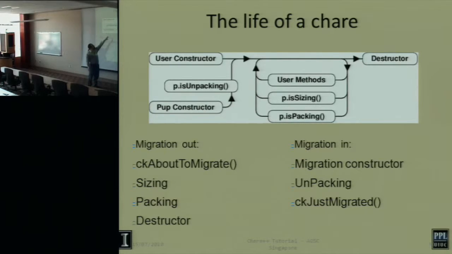User methods are executable. At any time, a pup method could be called to determine the size of the object. And at any time, something might decide to migrate you, by which I mean the base case where you have decided to use anytime migration.